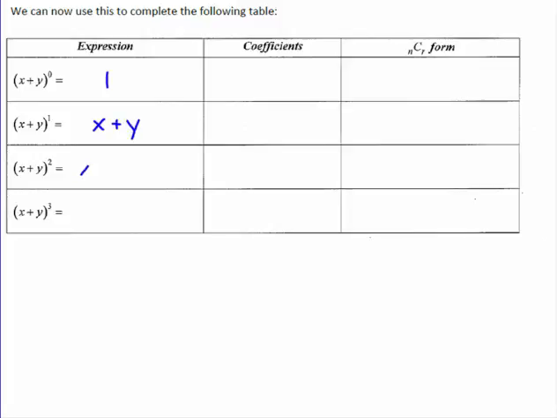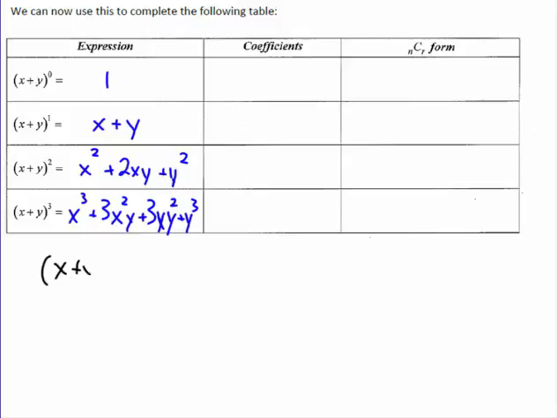If we squared this, we've done a lot of quadratics, we get x squared plus 2xy plus y squared, and you could take your time and you could cube it, and it does take a little bit of work, but the cube of x plus y is x cubed plus 3x squared y plus 3x y squared plus y cubed. And remember, when we're expanding a binomial, x plus y cubed is really just x plus y times x plus y times x plus y, all distributed, multiplied together, and expanded.